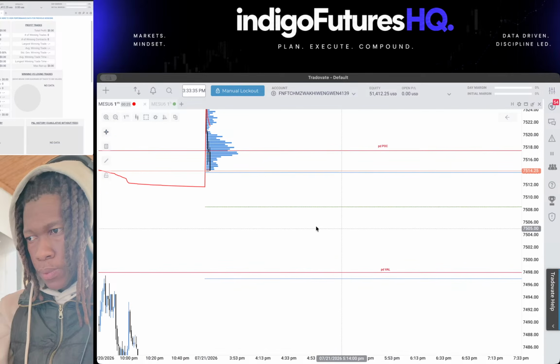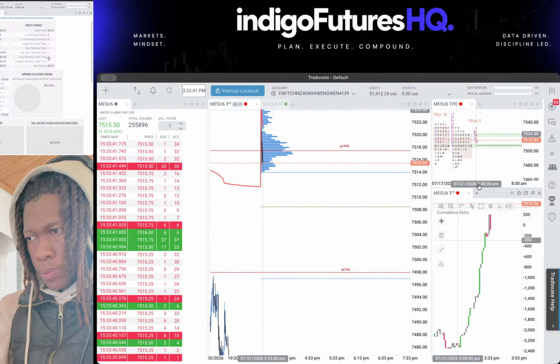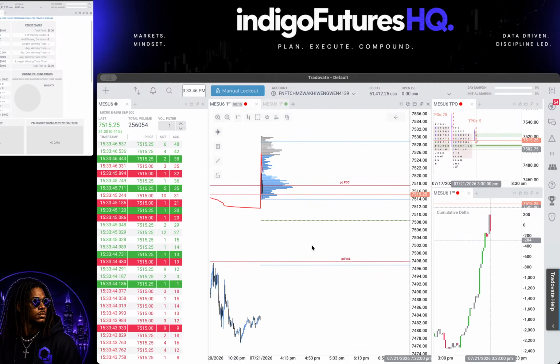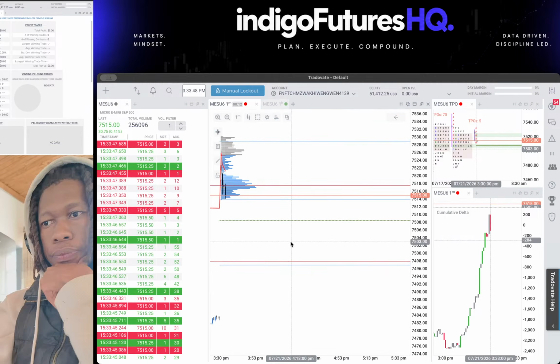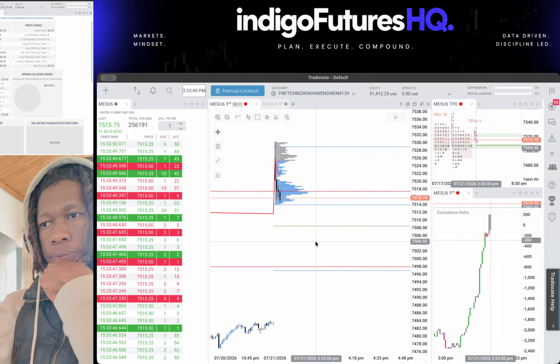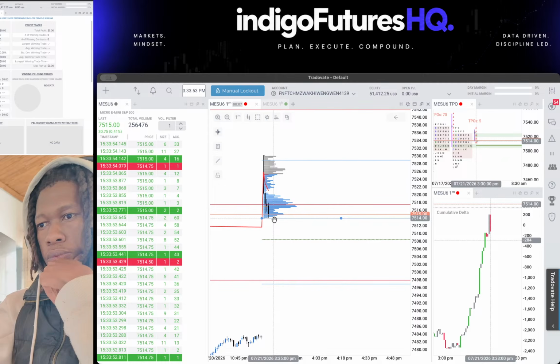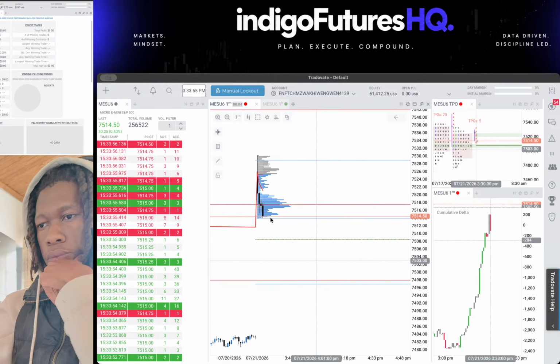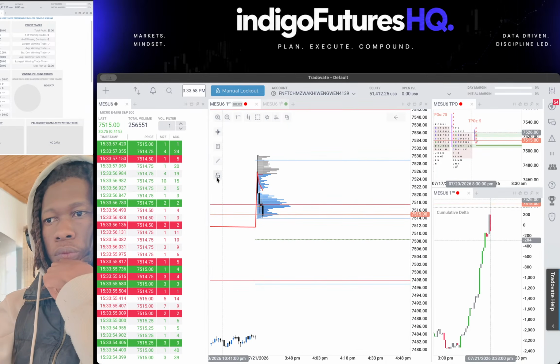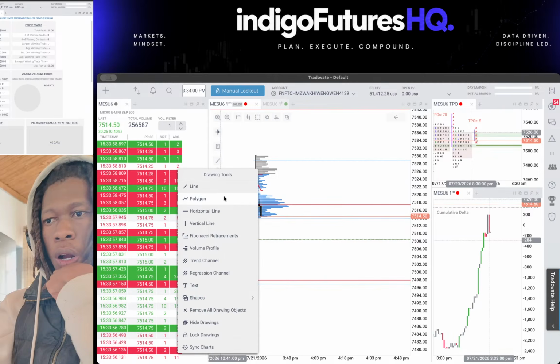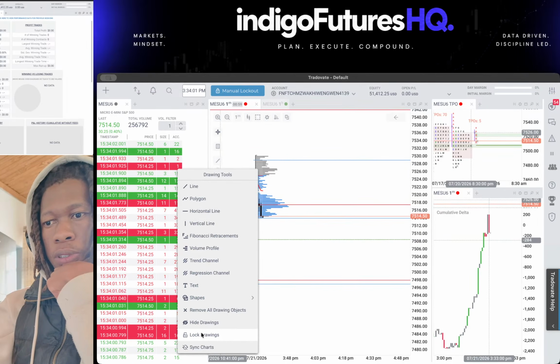So let's just see how these levels hold, of course. Make sure we lock everything so we don't move things around by mistake.